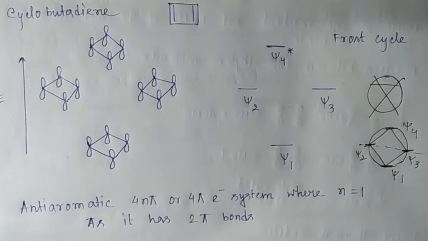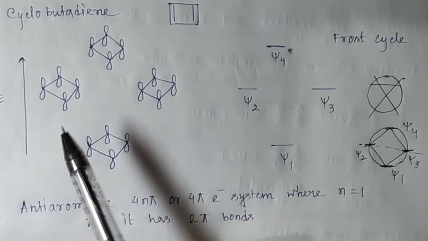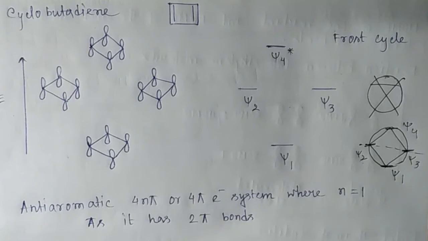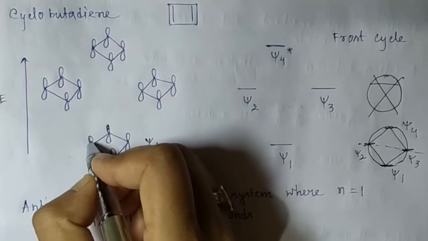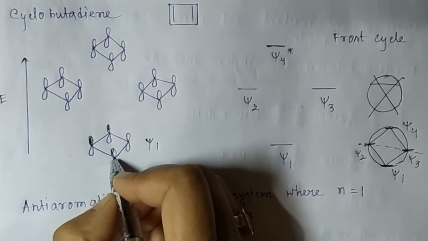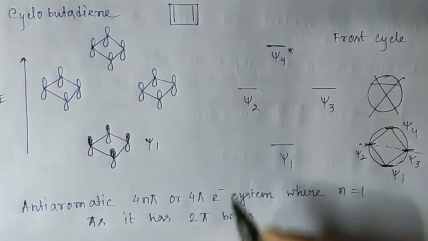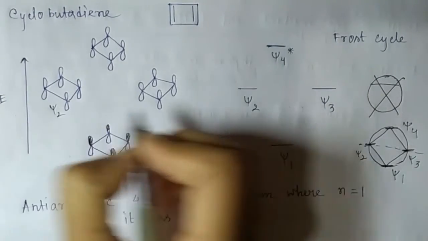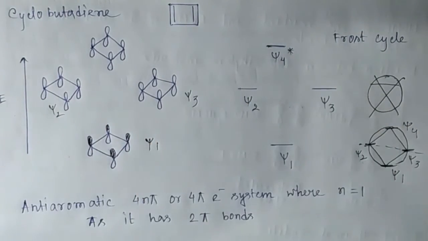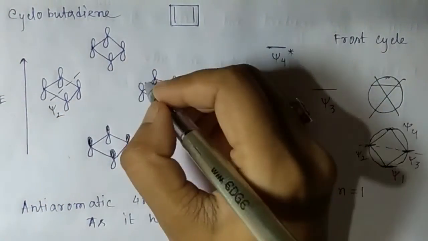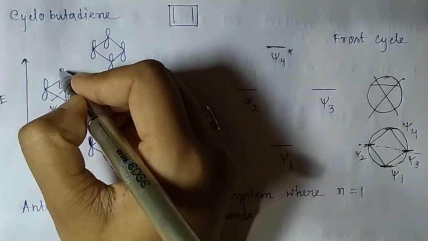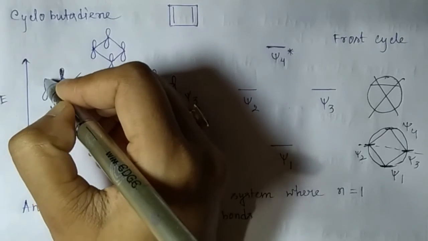So here I have already drawn the pi MOs of cyclobutadiene. For psi 1, as there is no node, we will draw the pi MO simply. For psi 2 and psi 3, there will be one node, and we can draw the node in this way. So just simply draw it.